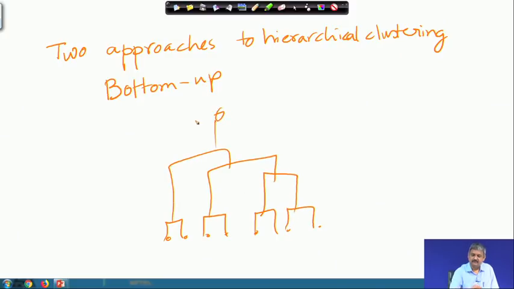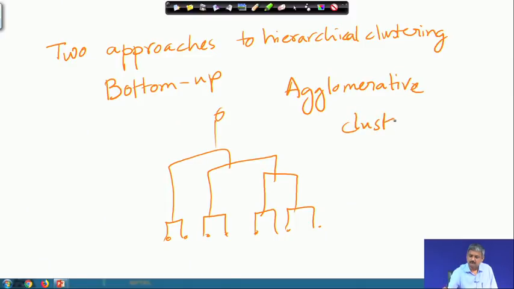And finally, everything becomes one. This is called agglomerative clustering, bottom up.